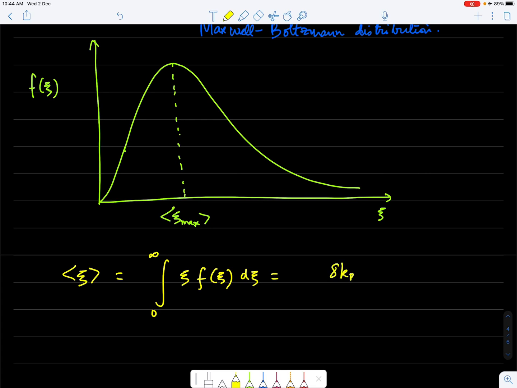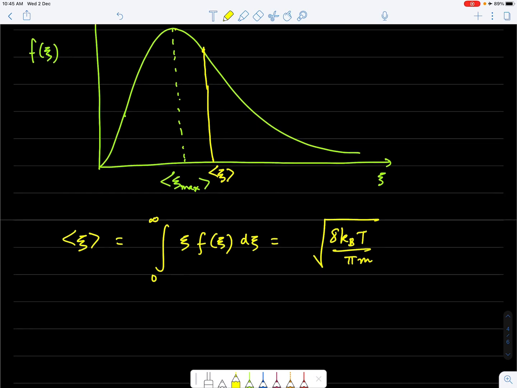This will come out to be the square root of 8k_BT/πm, which corresponds to the mean value of ξ, and this will be somewhere here, a value more than the value of ξ corresponding to the maximum of f.